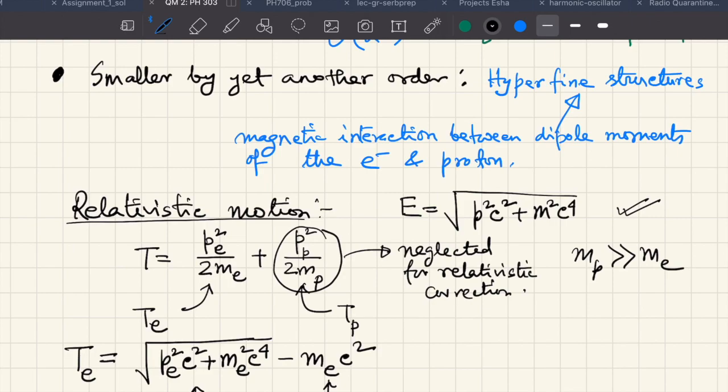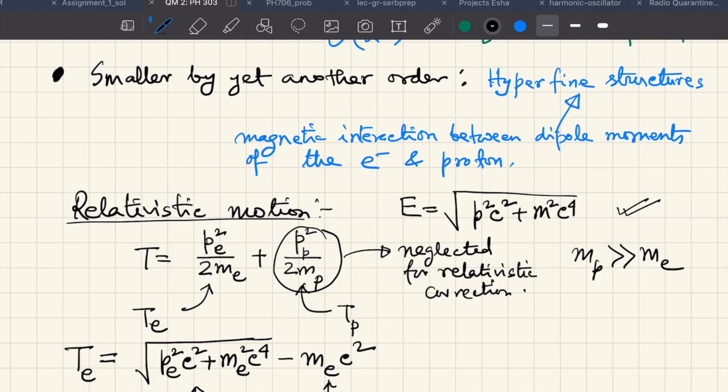So for this calculation we simply used this two body problem where the total mass is replaced by the reduced mass of the problem, which is nothing but the electron mass, which we have shown. And then we neglected the relativistic correction for the proton compared to the electron.